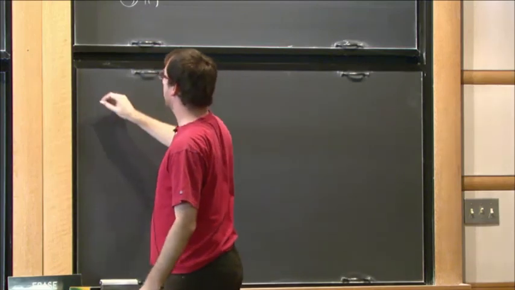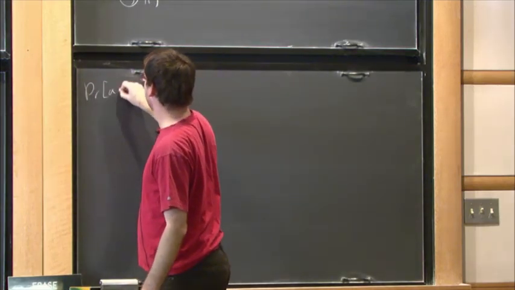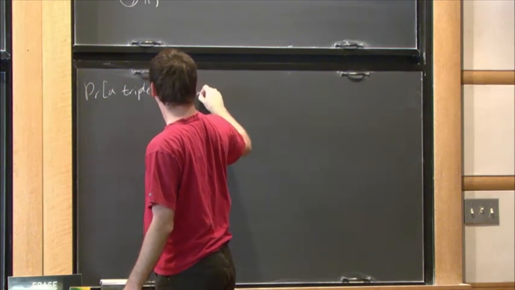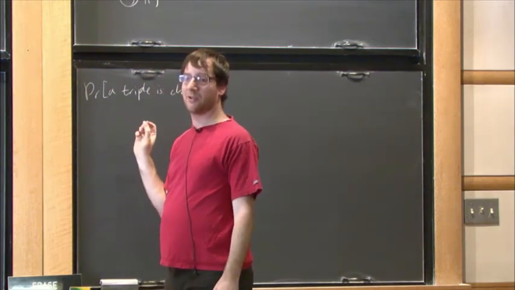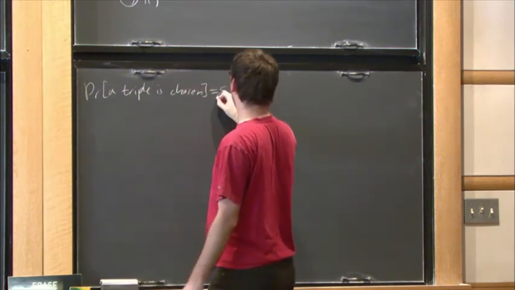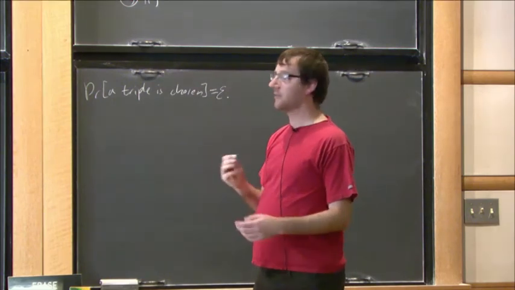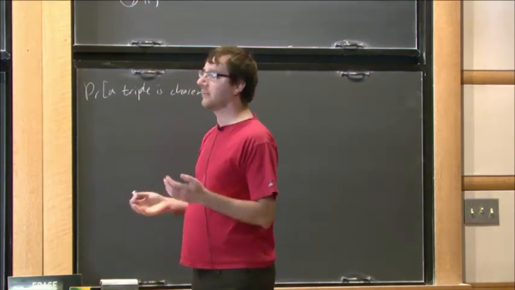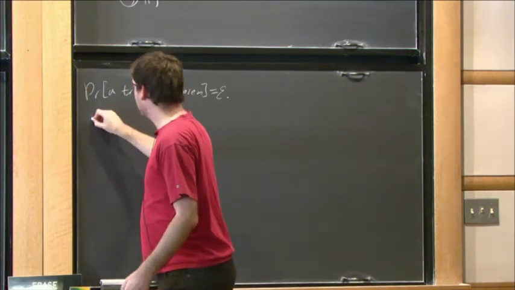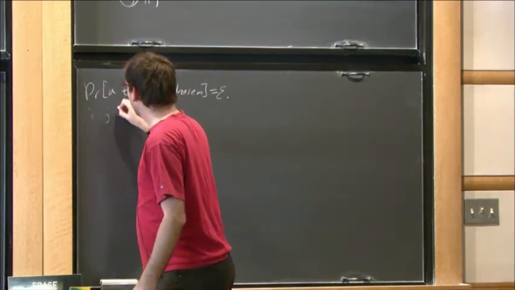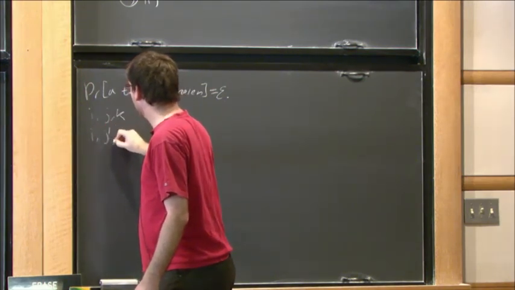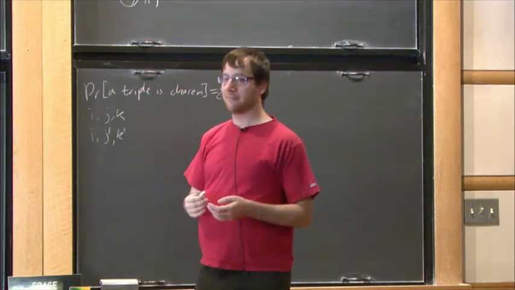So what's the probability that the triple is chosen in the first step? It's a trick question. It's epsilon, just by definition. Now the probability that the triple is bad, to understand this, we need to understand the possible conflicts. So it looks like this: this is your chosen triple, and this is another chosen triple with the same x index, say.